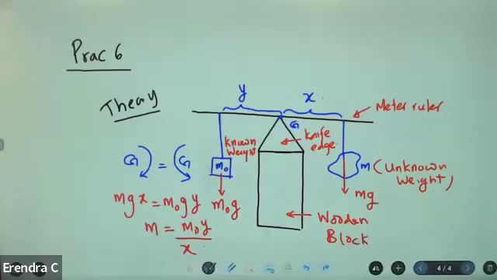So we change the location of the unknown weight, and to balance the ruler at the center of gravity, we change the location of the known weight.